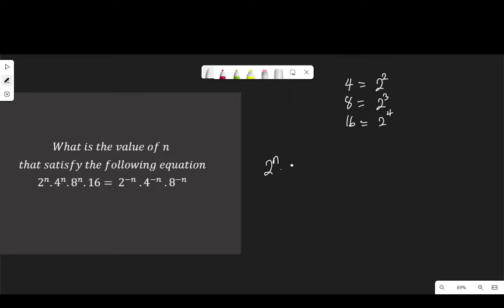So if we apply it here, that means our equation, which is originally 2 to the power of n times 4 to the power of n times 8 to the power of n times 16 equal to 2 to the power of negative n times 4 to the power of negative n times 8 to the power of negative n, will give us 2 to the power of n times, since 4 is 2 to the power of 2, I'll have 2 to the power of 2n.